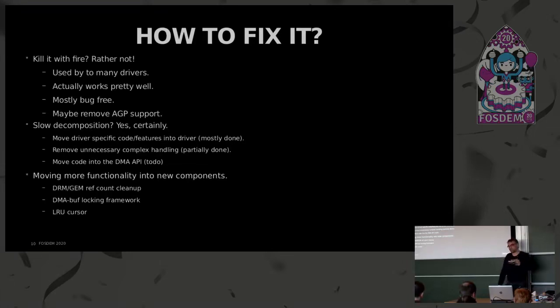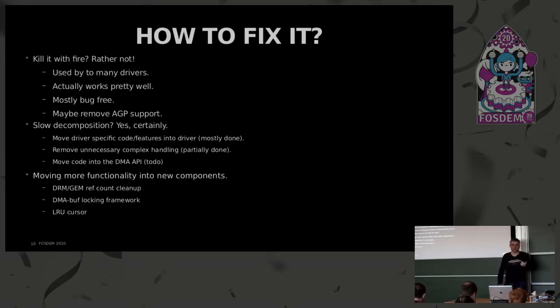Previously, it was organized so that TTM and GEM were completely separated. Recently, somebody at Red Hat went ahead and made the GEM objects a base class of TTM. This means we can now go ahead and remove duplicate handling. For example, for the same buffer objects, we had at least 3 reference counts.